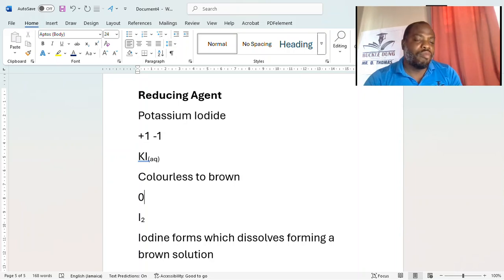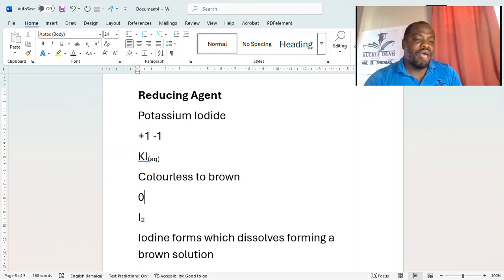But remember, you're coming from -1. It's like you owe somebody something and you pay them back, you don't owe them anything, so you're at 0. Yeah? So it would have been an increase in oxidation number.